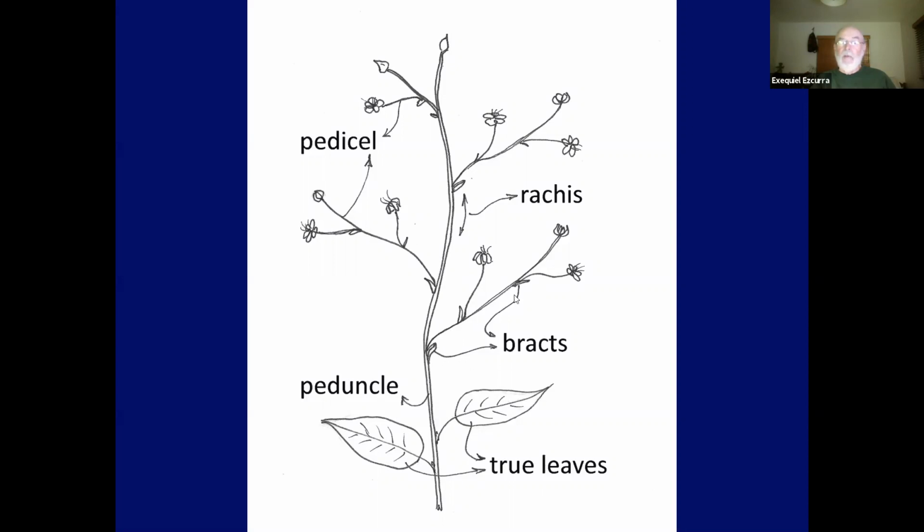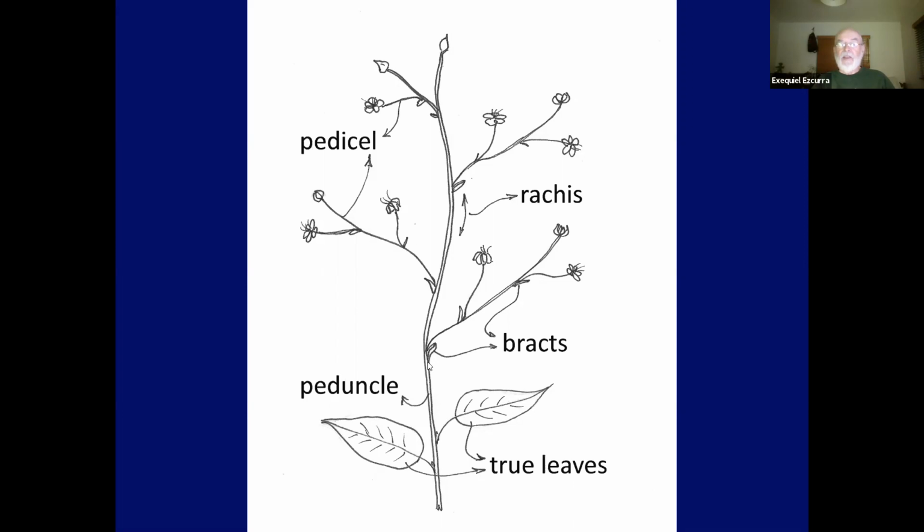So you have branching from the axils, and these leaves, because they're reduced, we don't call them true leaves. We call them bracts. Remember the word bracts, B-R-A-C-T-S, is a general word we use in botany to indicate any leaf that is transformed, often reduced, and doesn't play the typical leaf role in photosynthesis.